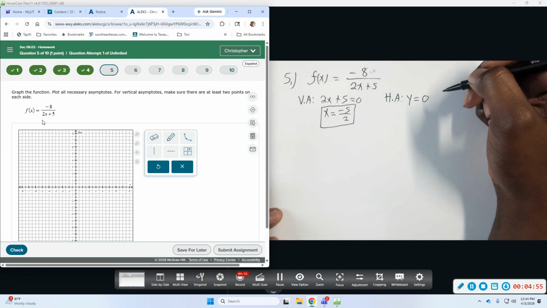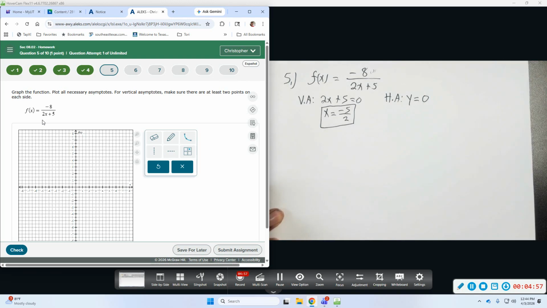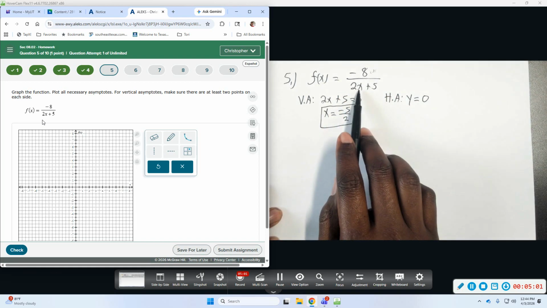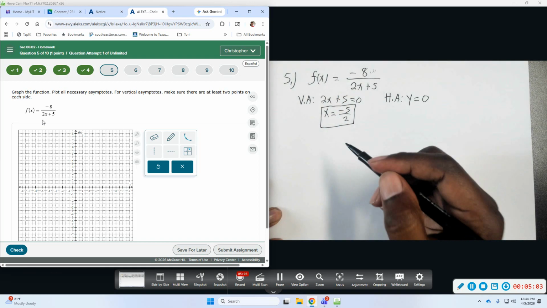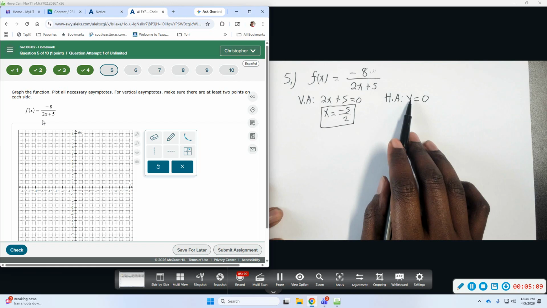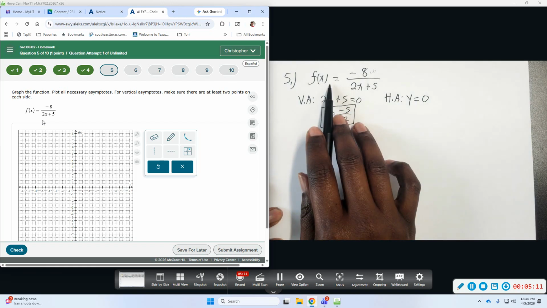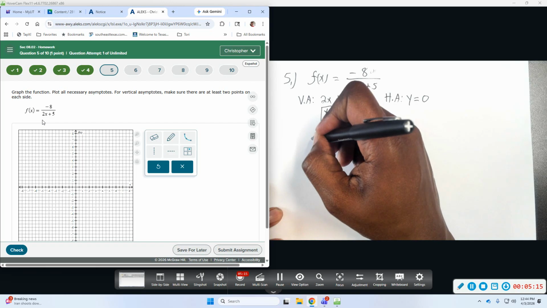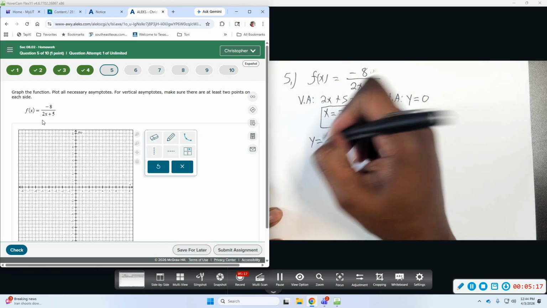Then what we've done is we can plug in and find points. We also found the x and y intercept, so let's find those. It doesn't look like we're going to get an x-intercept since we have a horizontal asymptote of 0. So we could just try to find the y-intercept by plugging in a 0.